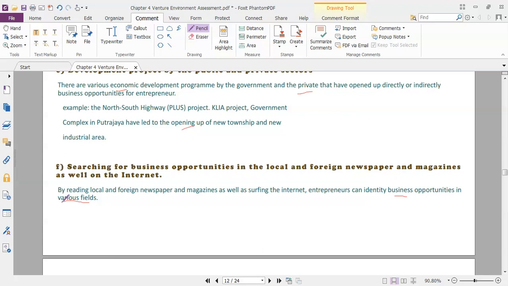So you can read the newspaper or TikTok or whatsoever, elemen yang you boleh tengok. Contohlah kalau kita nampak dekat luar negara ada satu makanan yang dia create, something different, so kita boleh cedok idea tu and then kita implementkan that idea. Kita selaraskan the taste, apa bahan-bahan dia sesuai dengan selera tempatan. Something like that.